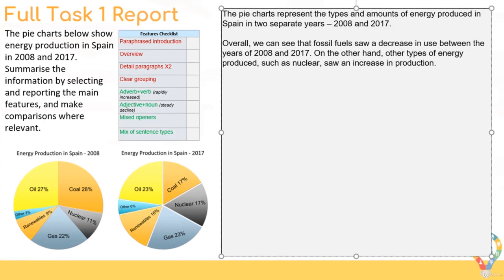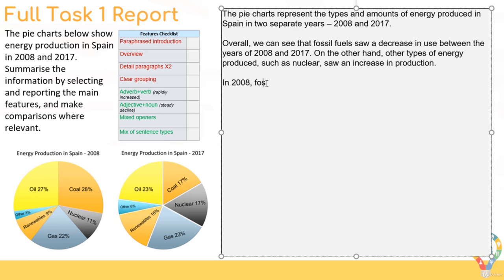Let's now move on to our detailed paragraph. And I'm sure you'll remember from the plan that group 1 was oil, coal and gas, or fossil fuels. So I'm going to talk about fossil fuels in these 2 years in my first detail paragraph. Let's make a general statement for fossil fuels in 2008. In 2008, I will just make this slightly smaller to fit everything on screen.